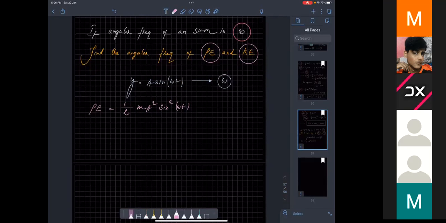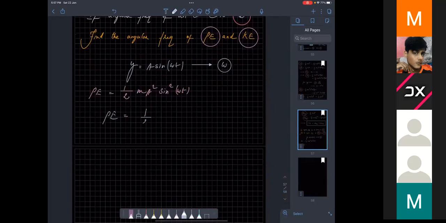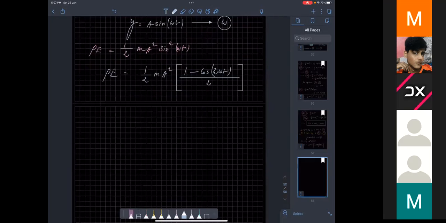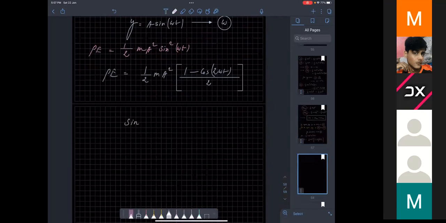Remember this equation: sin square theta equals 1 minus cos 2 theta by 2.